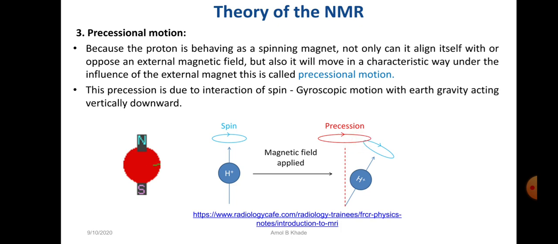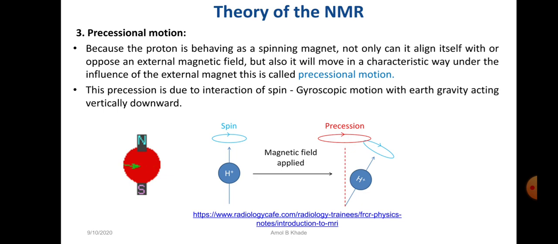Now what happens under the influence of an external magnetic field? The nucleus of the proton will not only adopt either of the two possible orientations, but it will also move in a characteristic way, a change of movement from gyroscopic motion to precessional motion.